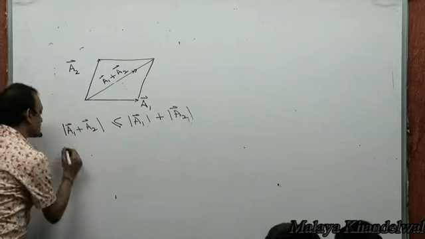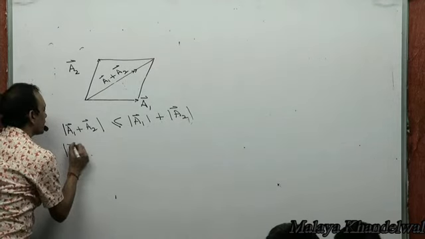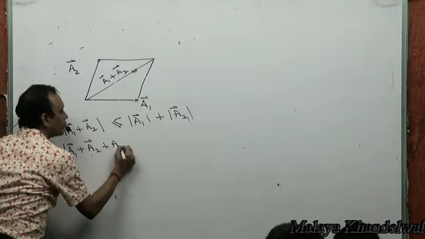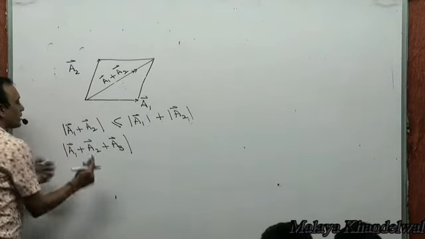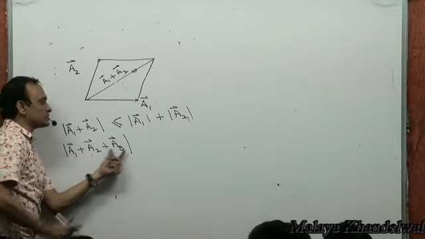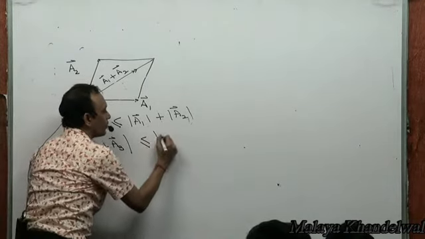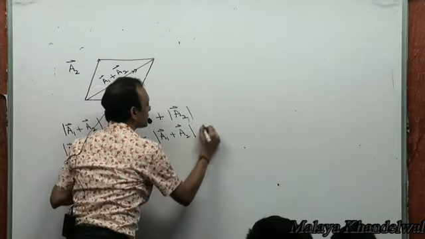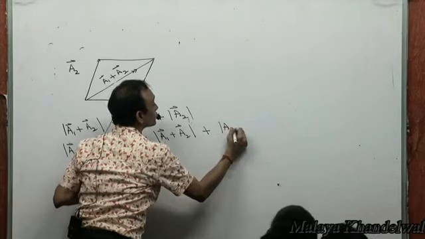And this can be extended. Suppose I had three vectors, A1 plus A2 plus A3. Then look at how we can handle things inductively. Let's look at this as A and this as B. So mod of A plus B will be less than or equal to mod of A plus mod of B. Yes or no?